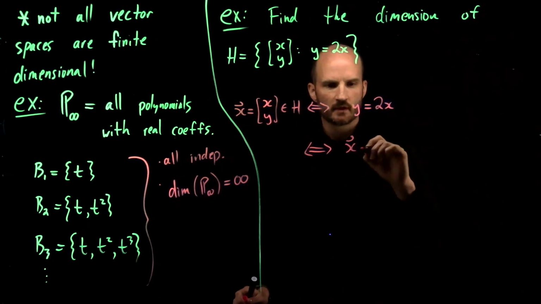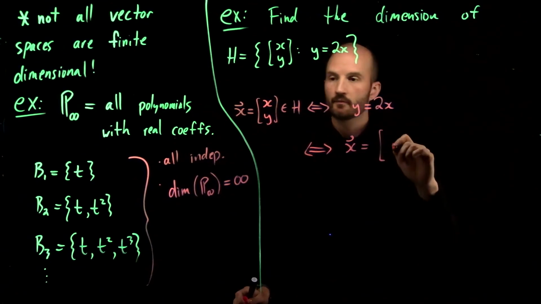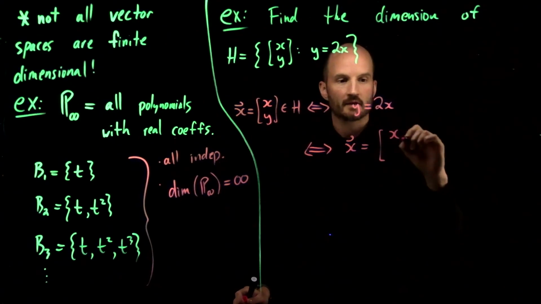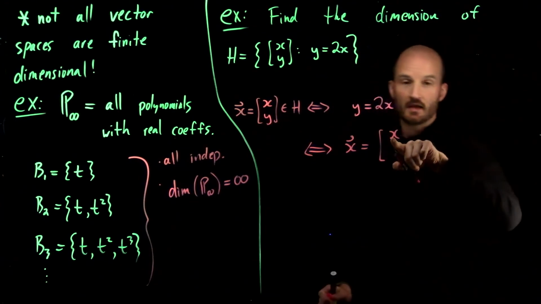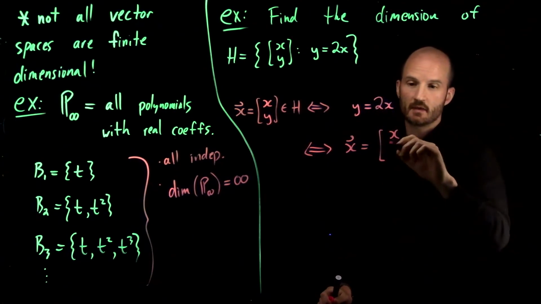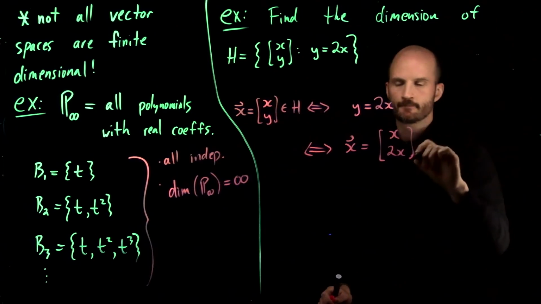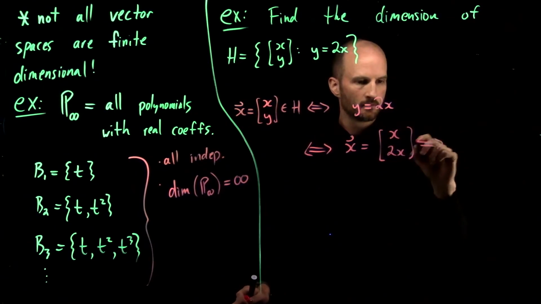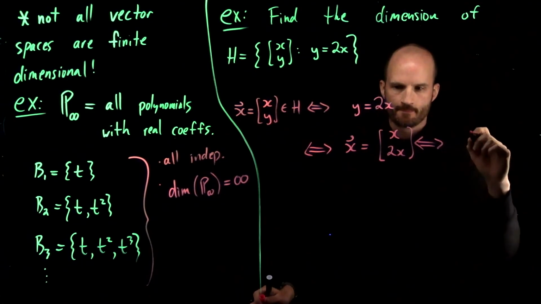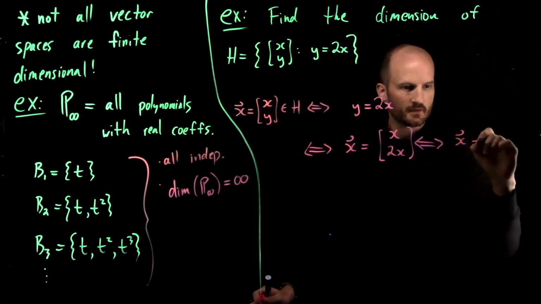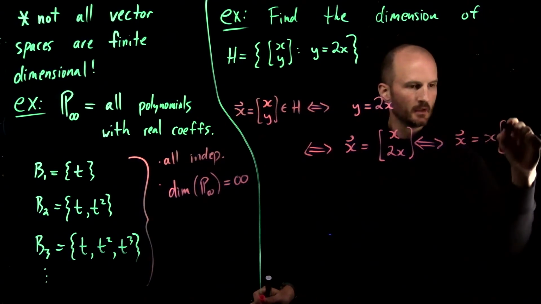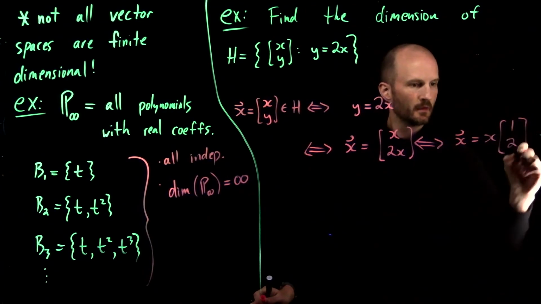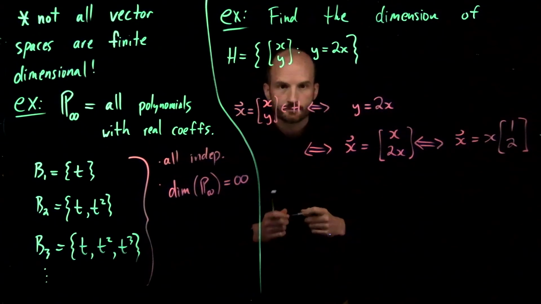So the vector x is going to be of the form x, y, but now y, I can replace that with 2x, can't I? Which will tell me that the vector x is something times this vector here.